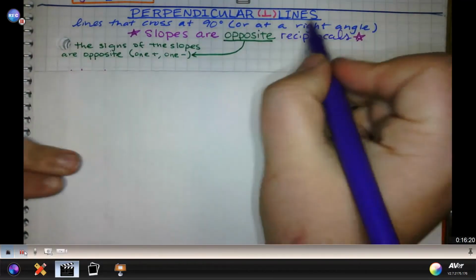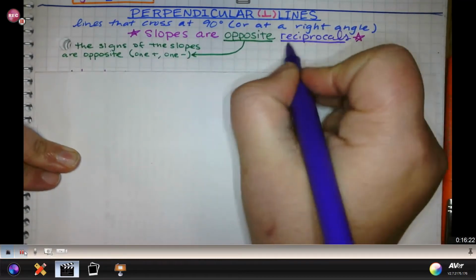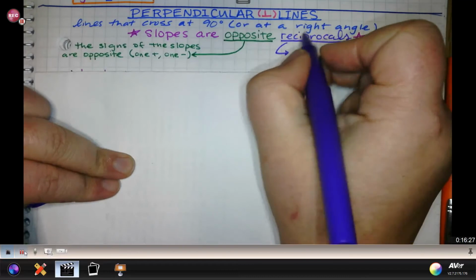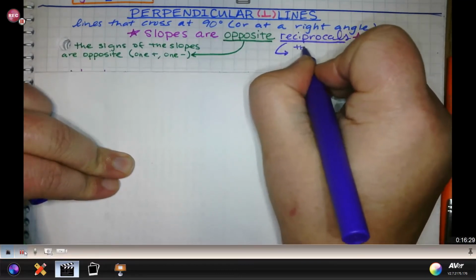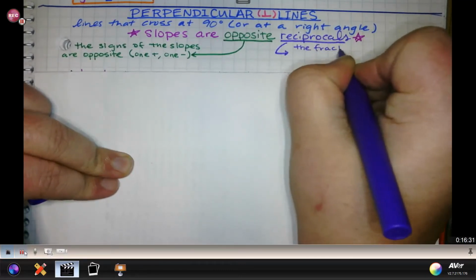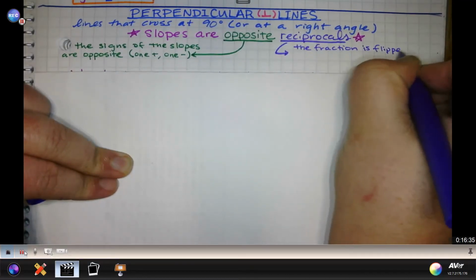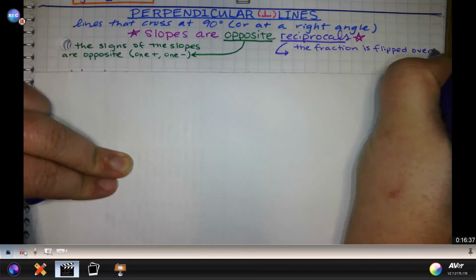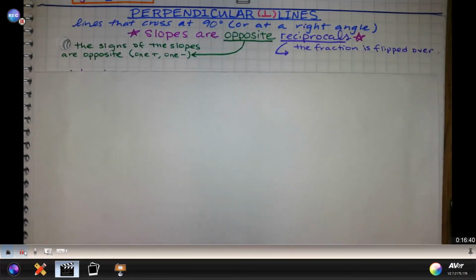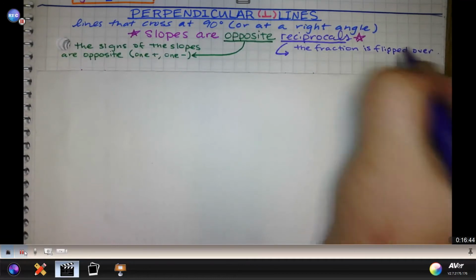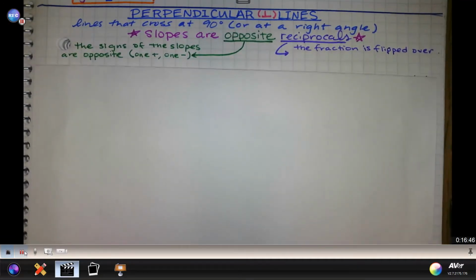Then we have reciprocals. Reciprocal means the fraction is flipped over. Okay, so remember how I said we like slopes in fraction form, not in decimal form typically, and you can always make something a fraction by putting it over 1.